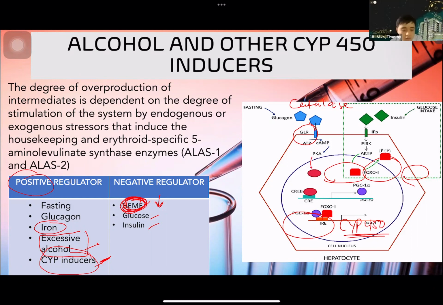Yes. Is cytochrome P450 heme-containing? It's a heme-containing protein. If it continuously uses heme, will you deplete the levels of heme? Yes, and that low level of heme can actually stimulate your ALAS. Okay, so that's the application for excessive alcohol and CYP450 inducers.